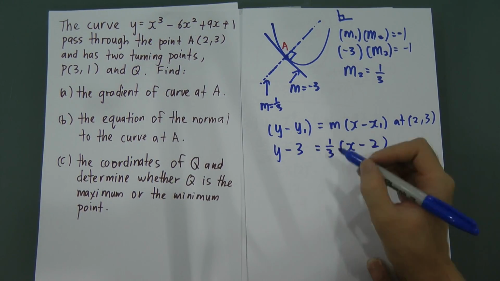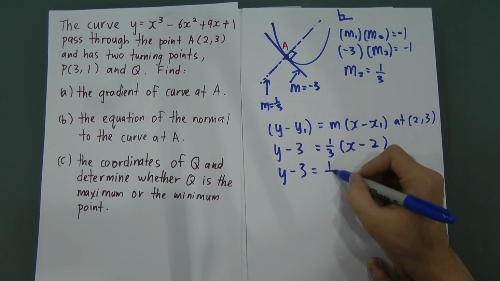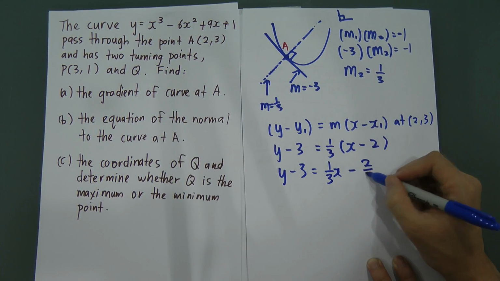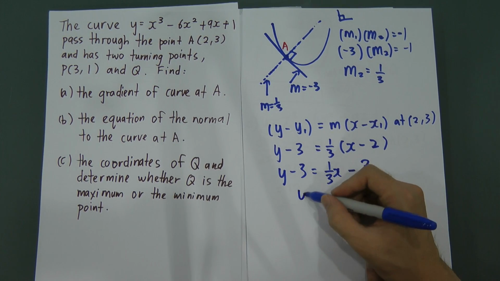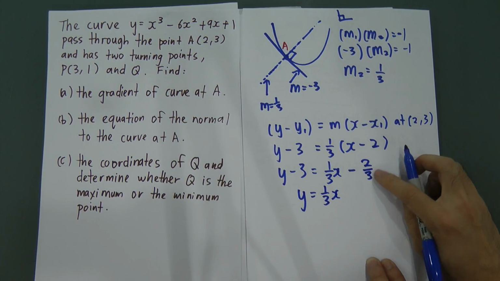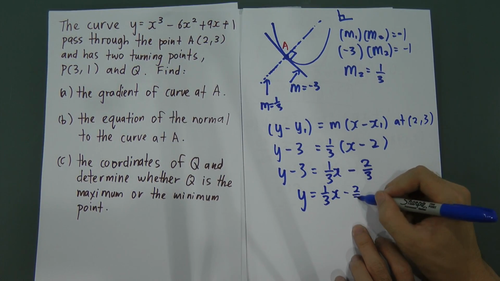Therefore, I just multiply everything. I will get y minus 3 equals 1 over 3 x minus 2 over 3. And then I move the negative 3 here to become positive 3. So y will equal 1 over 3 x, minus 2 over 3, plus 3.